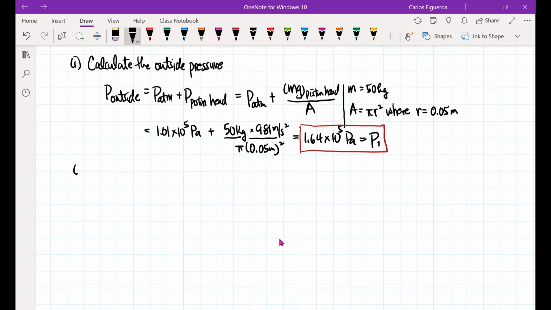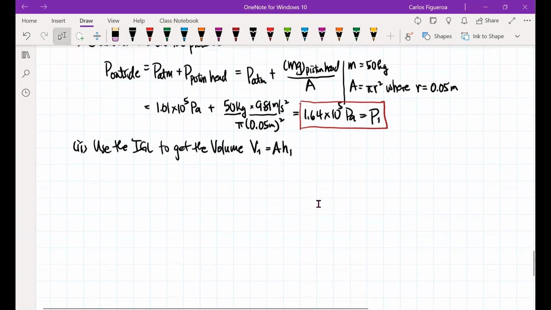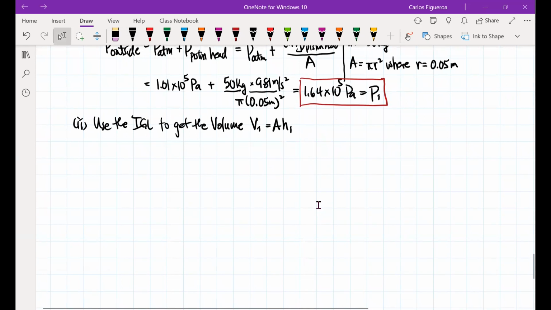I'm going to use the ideal gas law to get the volume, but the volume V1 is the same as the area times the height 1. So let's go do that. The ideal gas law says pressure 1 times volume 1 equals nRT1.